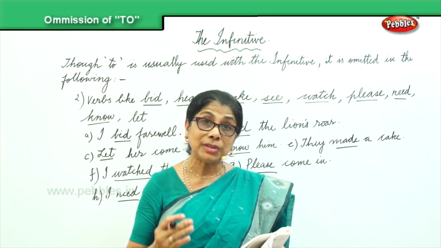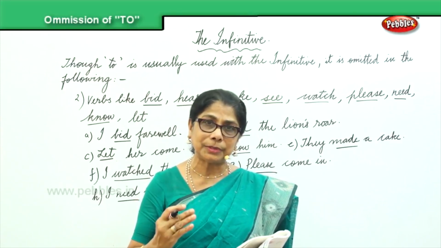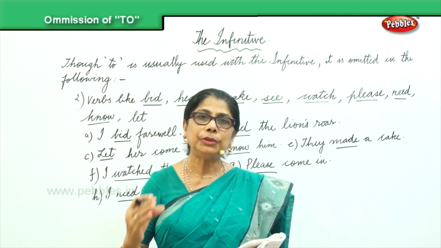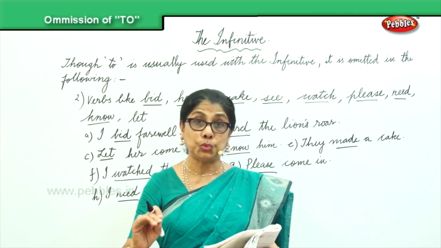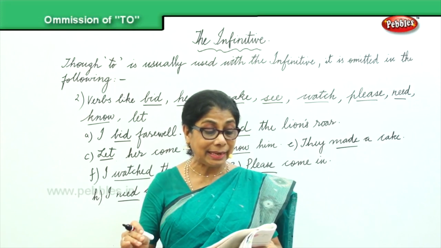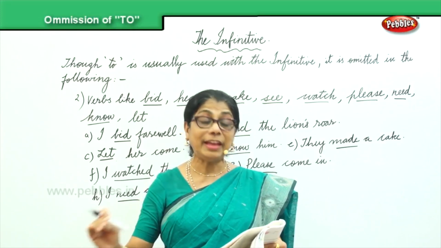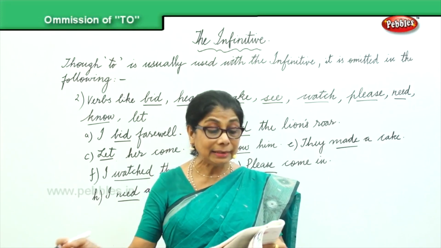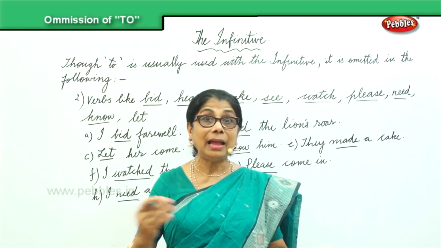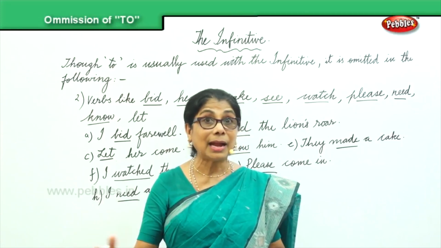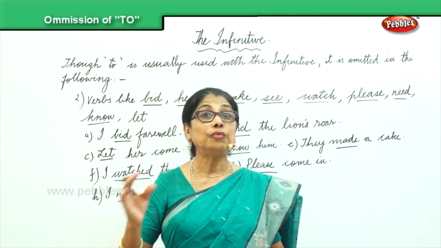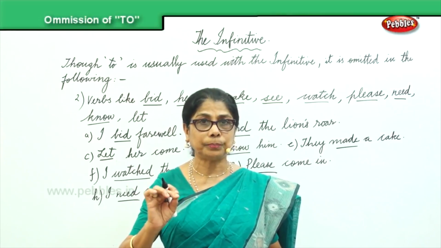When we are using such verbs, we usually omit to. So we simply say, I bid farewell, she made me give up drinking, I heard the lions roar, let her come in, please come in, and so on. We do not use to.